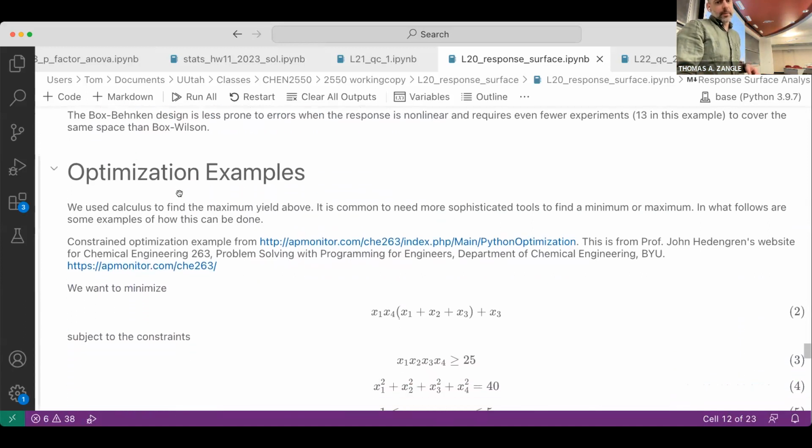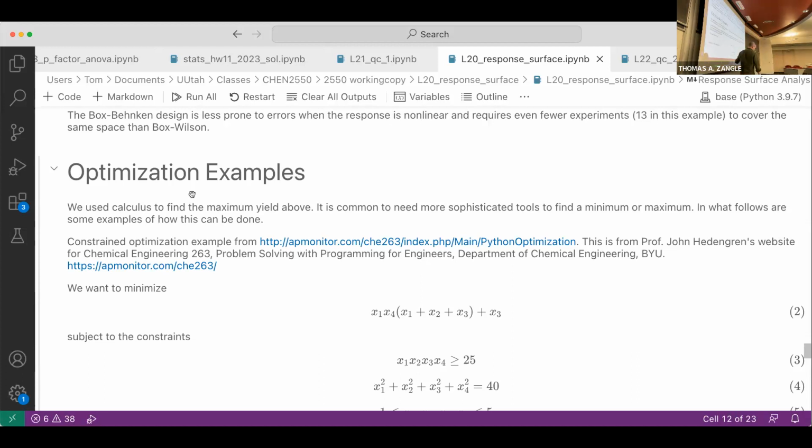I just want to talk briefly about optimization. So if we have a non-parabolic, or non-polynomial, surface that we want to fit to, which is sometimes the case when we're searching for an optimum.